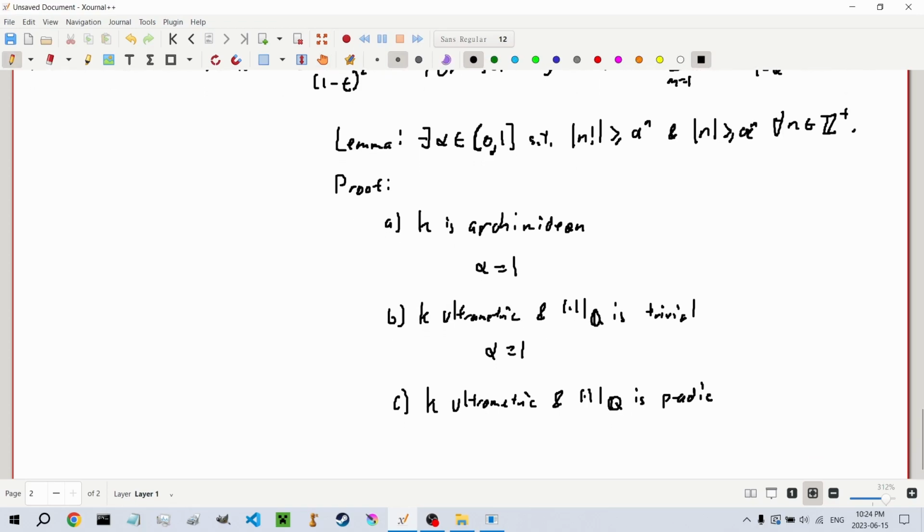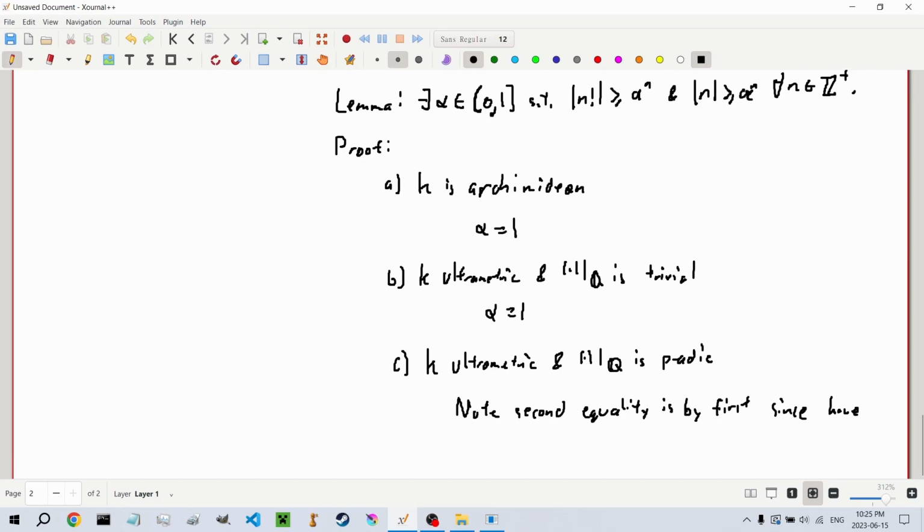First, note the second inequality is by the first, since we have the absolute value of the factorial of n minus 1 being less than or equal to 1 for all n at least 1.